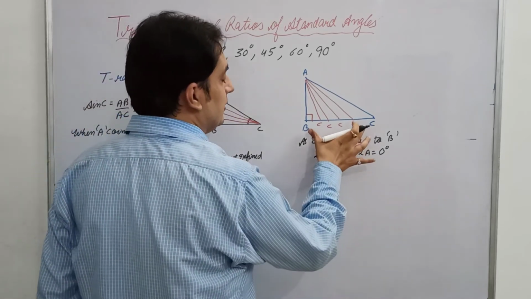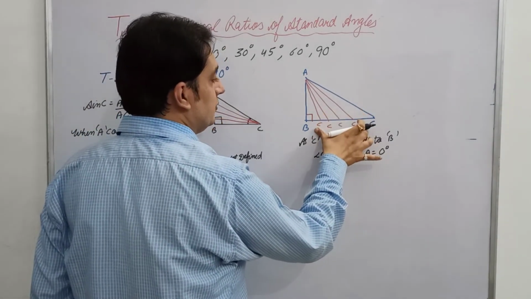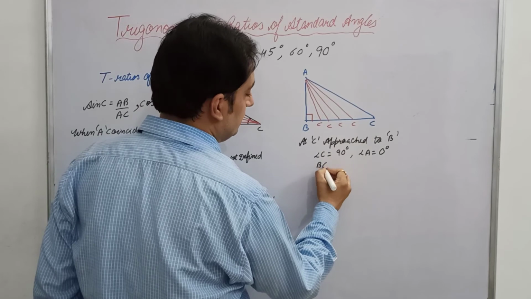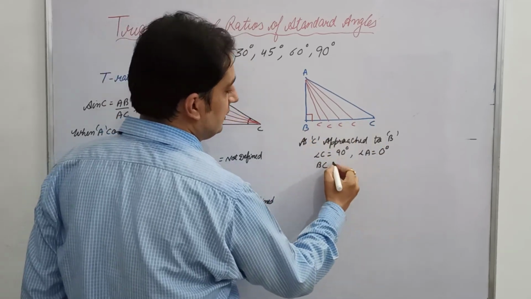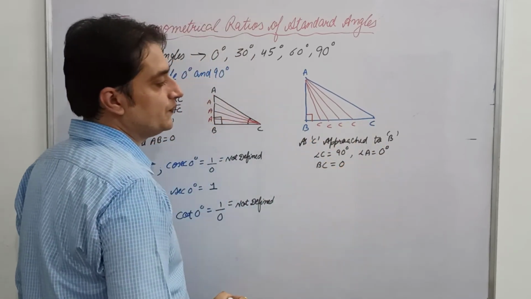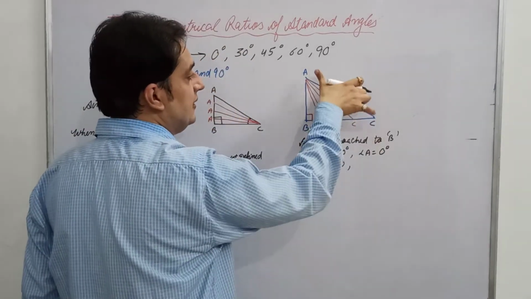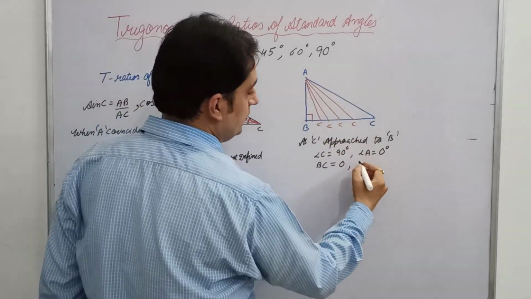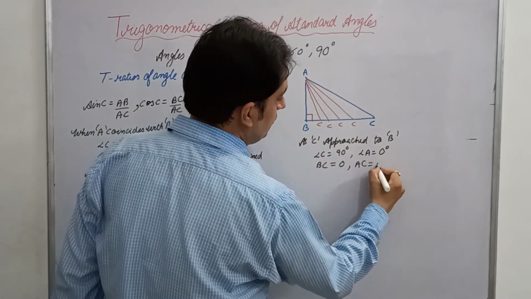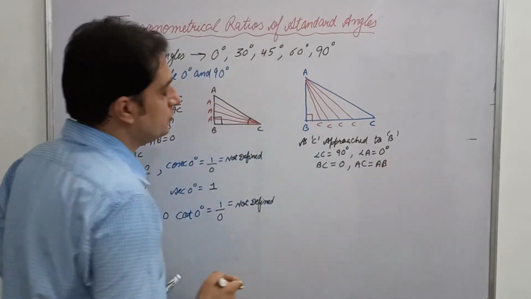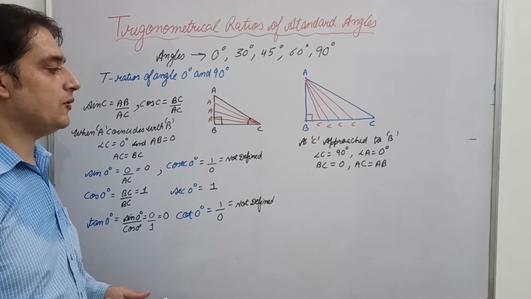And the length BC, because C coincides with B, is also 0, and the side AC becomes equal to AB. So AC is equal to AB when C approaches B.